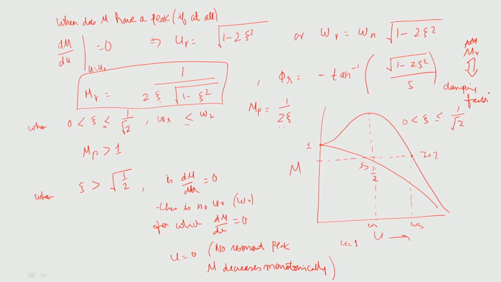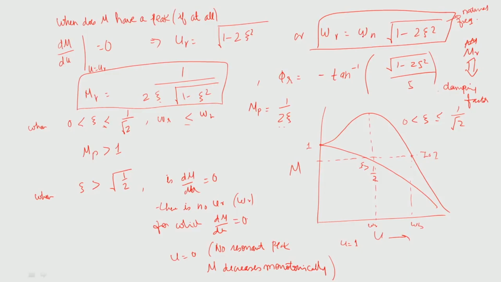And similarly, omega r tells me something about the natural frequency of the system given a particular value of damping, given zeta equal to 0.1, then omega r has something to do with omega n.